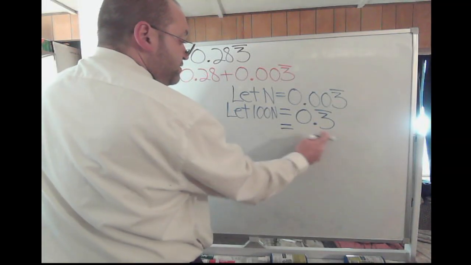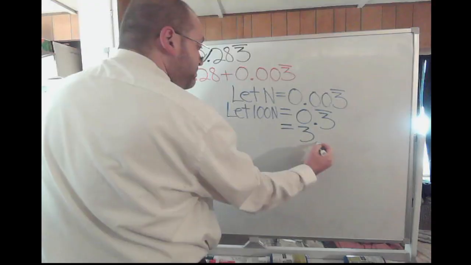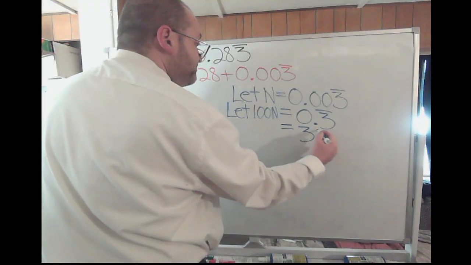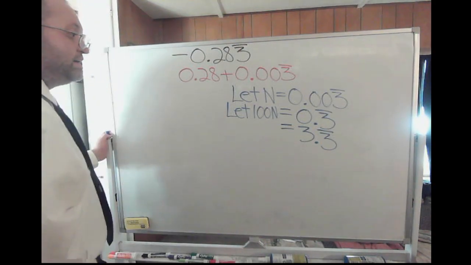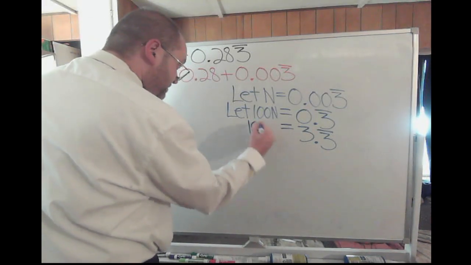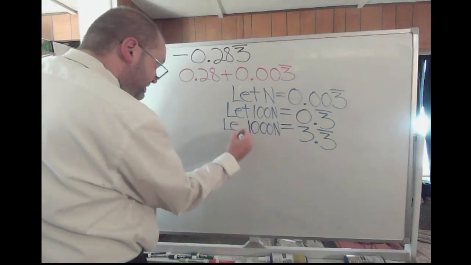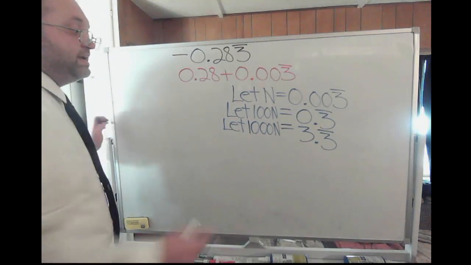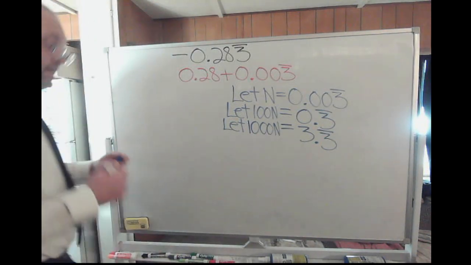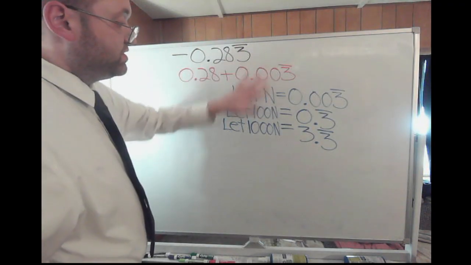So you move it to the right 1 more, you multiply by 10, and you would get 3.3 repeating. But we have to multiply the 100n by 10, that would actually be 1000n. So we would actually let 1000n equal 3.3 repeating. So forget about everything above here for a second.